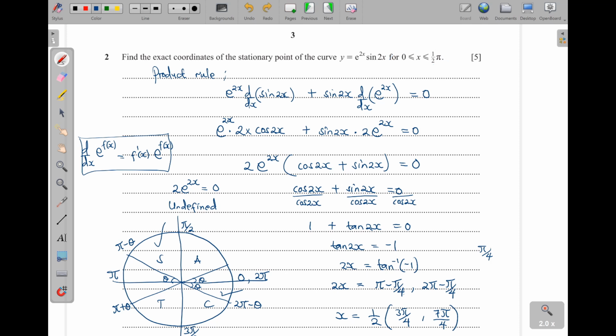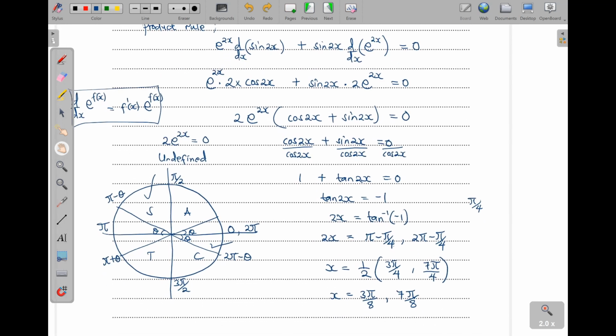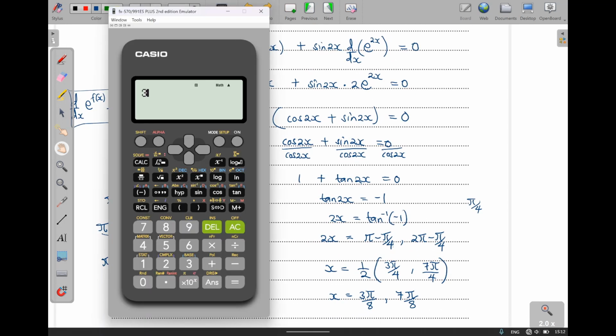Now, our x here, they said that it has to range from 0 to pi over 2. Okay? So let's check what we have here. Pi over 2, that is 90. So if I have 3 pi over 8, this one is giving us 1.178. Pi over 2, that's the 90 degrees. Is the 3 pi over 8 we have gotten less or greater than that?